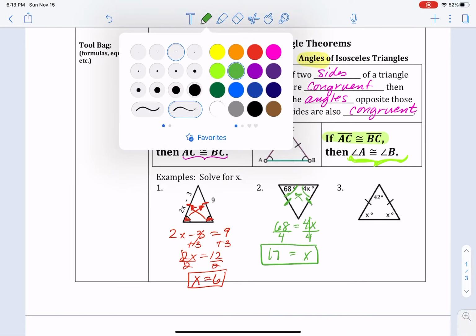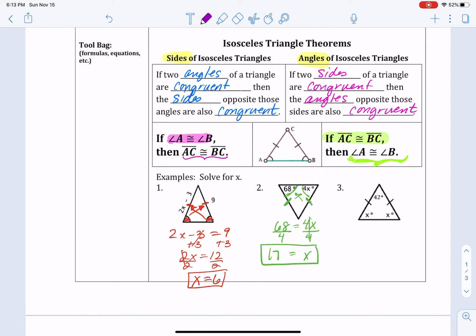For number 3, knowing the information about isosceles triangles and these congruent sides isn't as important as knowing that the interior angles in a triangle equal 180 degrees. So 2x plus 42 is 180.